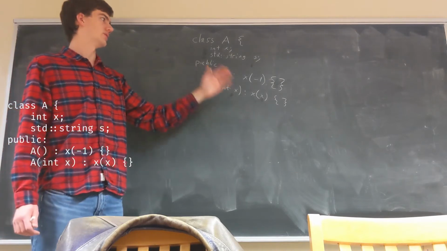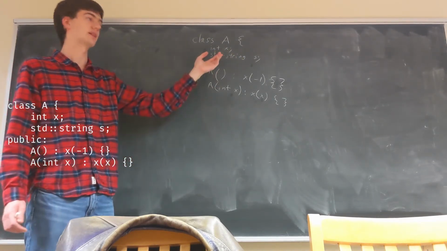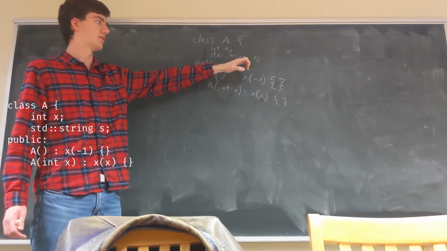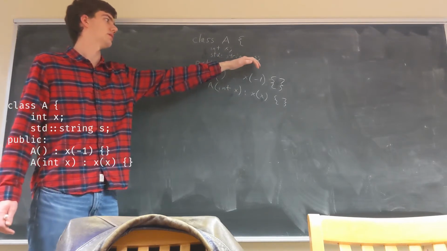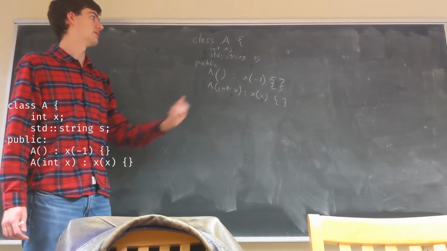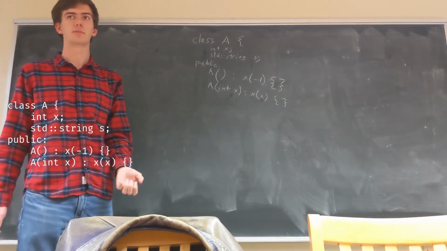If you don't tell it how to initialize it, it tries to invoke the default constructor, and you'll get a compile time error if that class does not have a default constructor. This will implicitly invoke the default constructor to initialize s, and the default constructor for the built-in string type initializes it to an empty string.